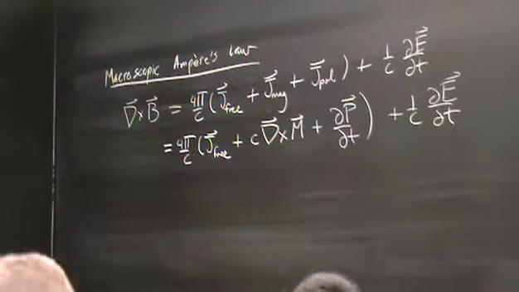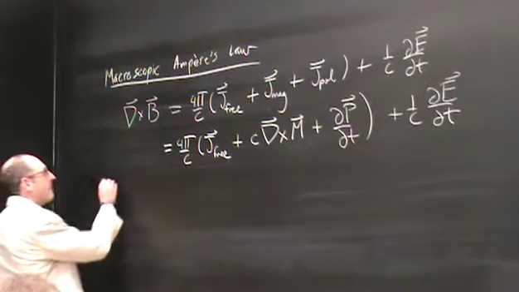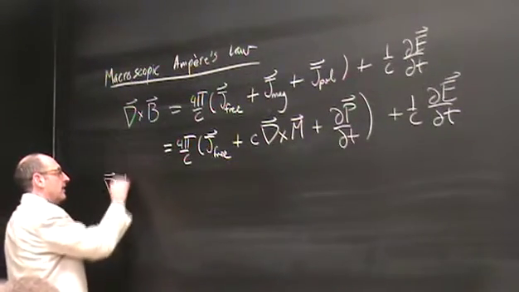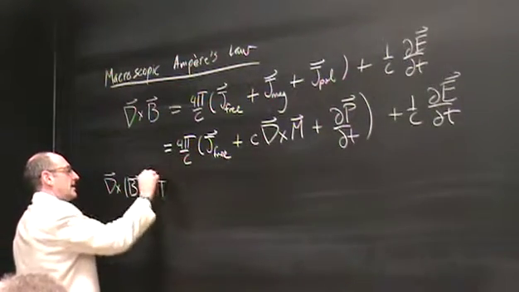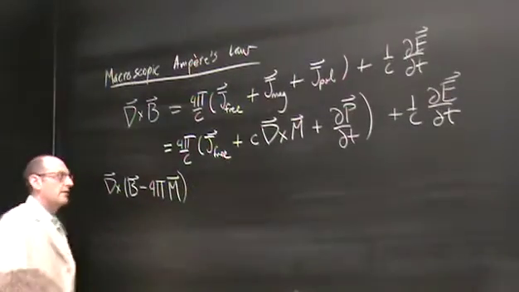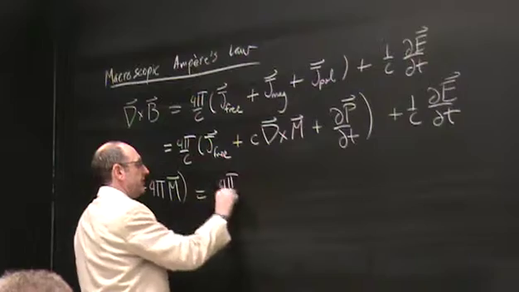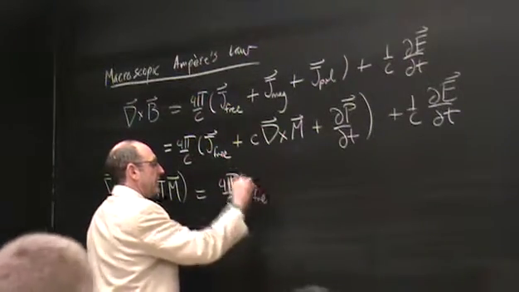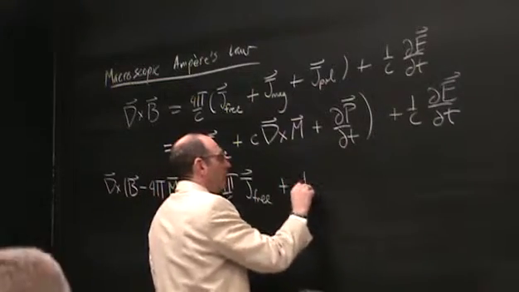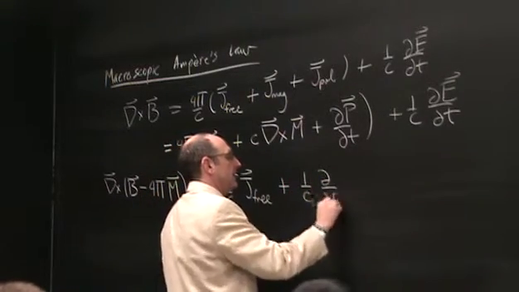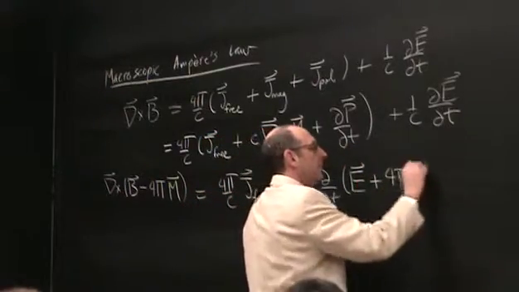So now let's combine together all the curls and all the d by dt's, and I get the curl of B minus 4 pi M is equal to 4 pi over C J free plus 1 over C d by dt of E plus 4 pi P.